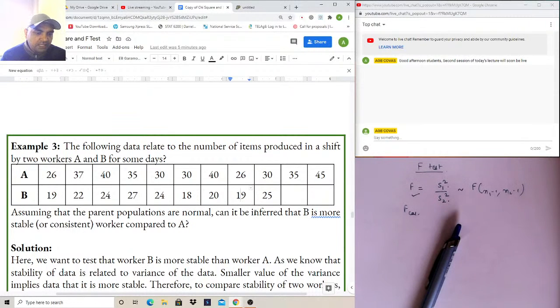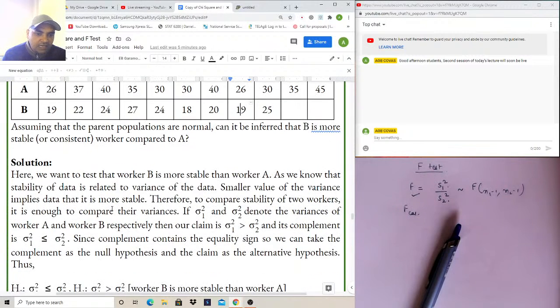Assuming that the parent populations are normal, can it be inferred that B is a more consistent worker as compared to A? Here we want to examine the consistency, or the stability, in the production. So we want to test that worker B is more stable than worker A.